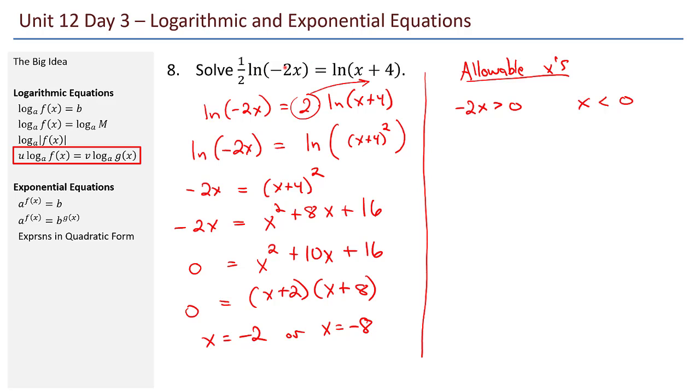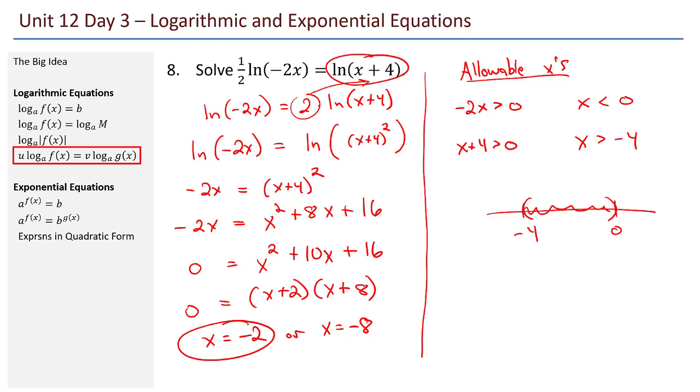From the second log, I know that x plus 4 is strictly greater than 0, which tells me that x is greater than negative 4. On the number line, I have 0 and negative 4, and my x values have to be strictly between negative 4 and 0. So looking back at my solutions, only one of them works, x equals negative 2, and the other, negative 8, was an extraneous solution. Doesn't work.